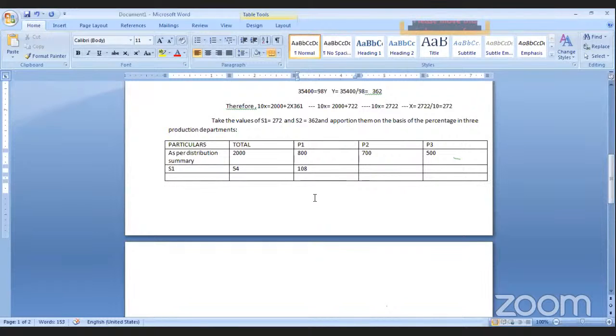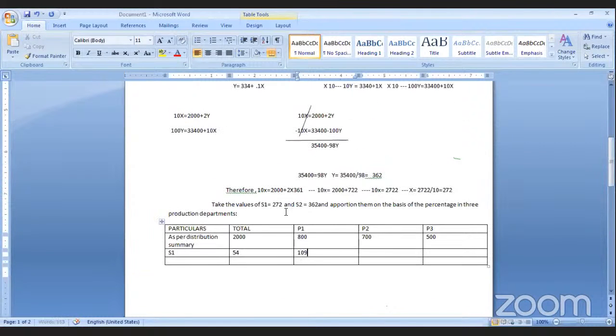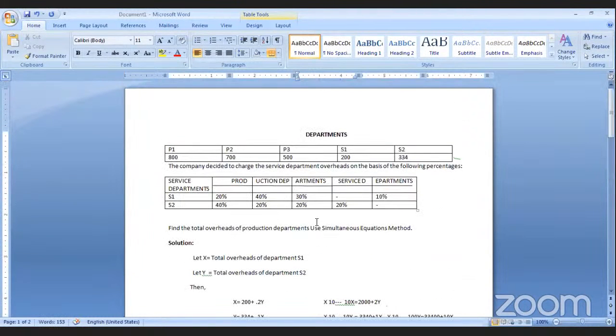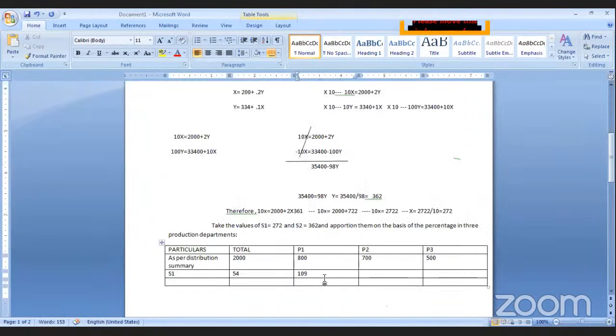Yes, sir. Okay, I will take it as 109. Then the next one, 272 into 30%. What is the value? 81.6, sir. I will take it as 82. Okay. What is the value? Please tell me.